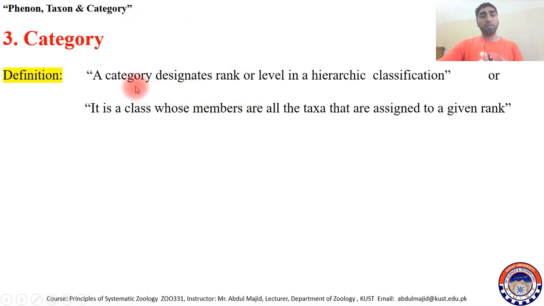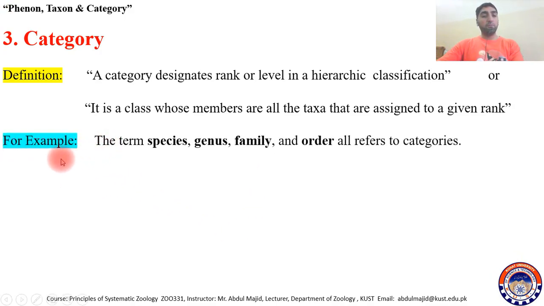So like for a degree, a category designates a rank or level. So there is a hierarchy classification from species up to the domain level, and there are many categories in between these two, the domain and the species. There is genus, there is family, there is phylum, there is class, there is order. So there are many categories over there.